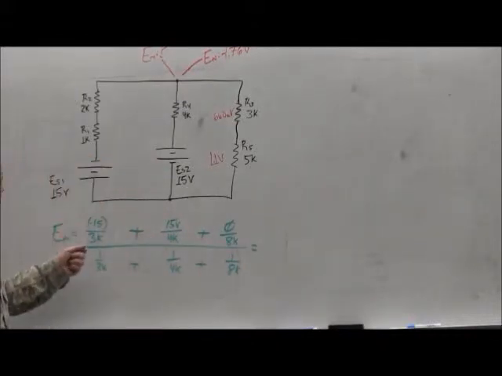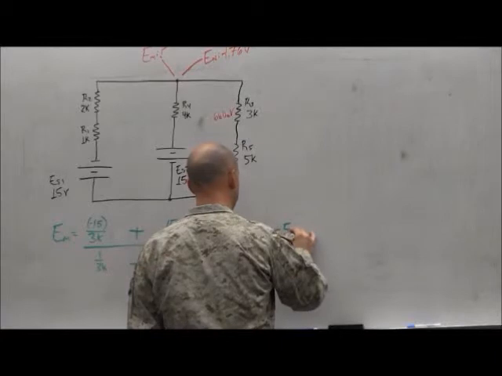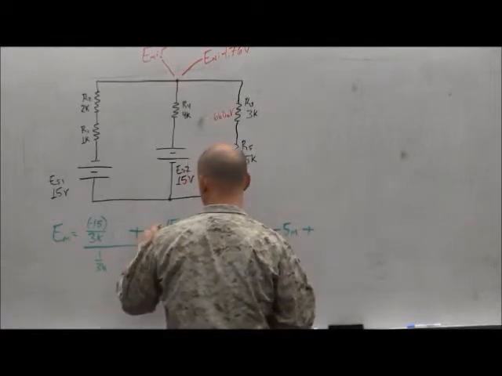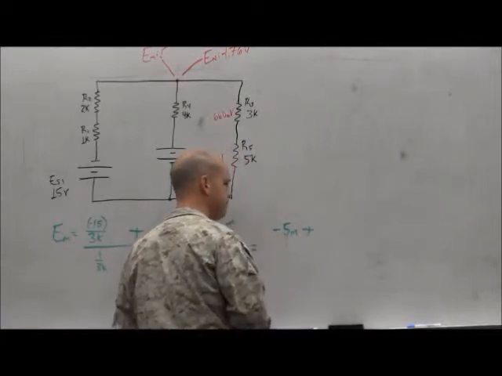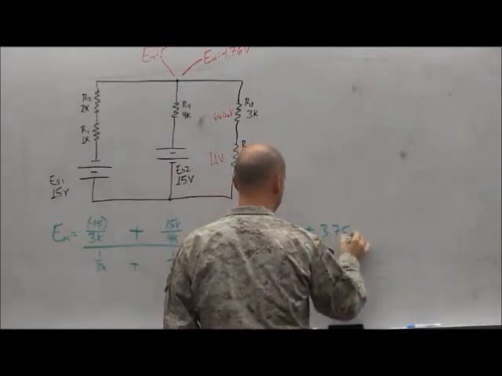Okay? Negative 15 volts divided by 3K is going to give me what? Negative 5 milli. Plus 15 volts over 4K, 3.75 milli.